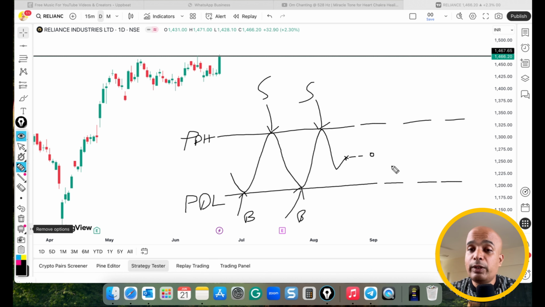Suppose the price, instead of opening here, opens here. This indicates a bullish overnight market sentiment. Something bullish happened overnight.